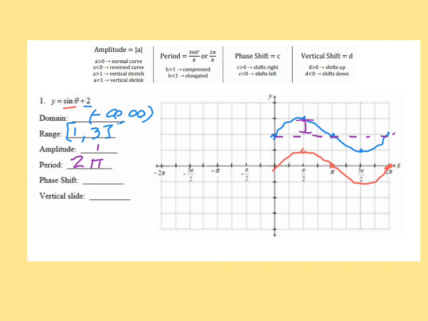Our phase shift is simply going to be not applicable. But we did have a vertical slide. We moved up 2 units. So I would accept up 2 units, plus sign 2 units, up arrow 2 units. Any of those would work to show that everything got moved upwards by 2.